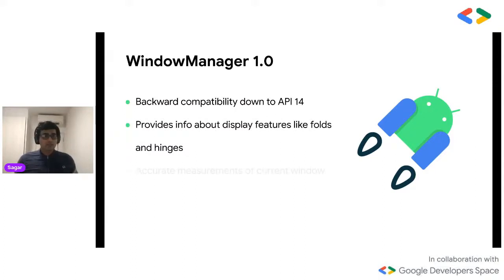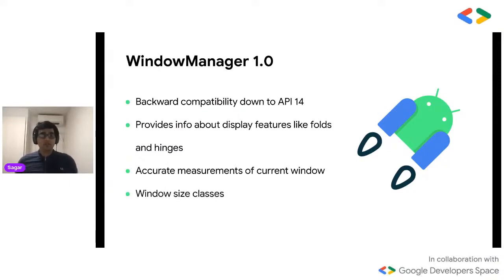So we introduce window size class, which basically provides the native layout breakpoint and enables you to adapt your UI. It's helpful while selecting the right layout for different device types and responding to different window sizes. So with all, the Window Manager package allows you to calculate and get all these metrics which will be useful during your development.